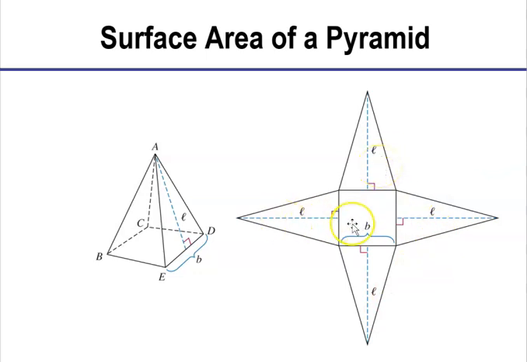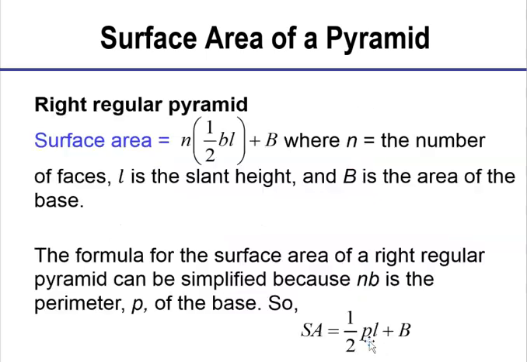The L value is the slope right here, and a much more appropriate word for that is the slant height. That is not the altitude, which would come straight from A down perpendicular in the middle of your pyramid. It is the slant height, L, because that's going to tell you how tall that triangle is.